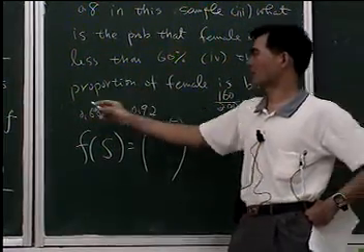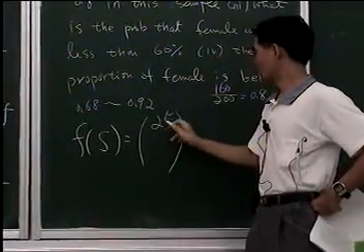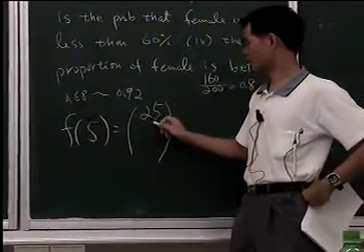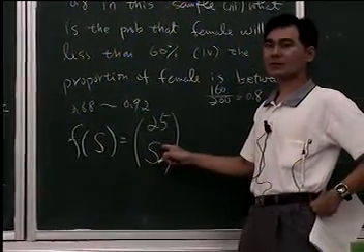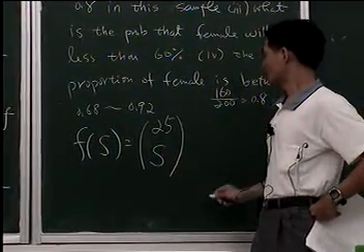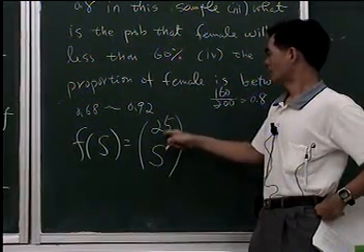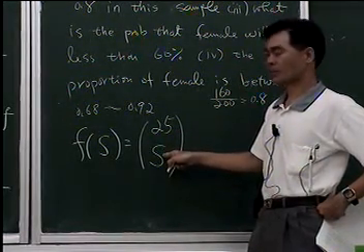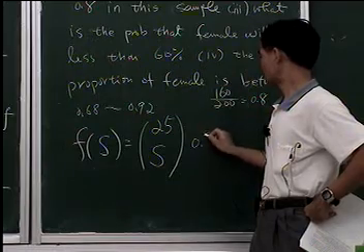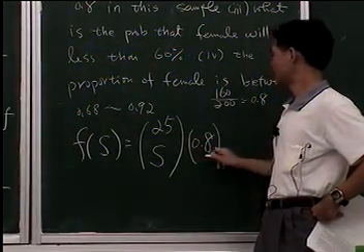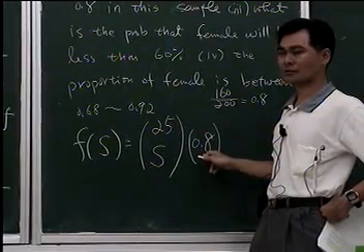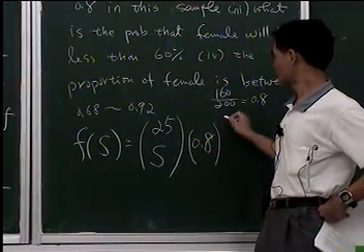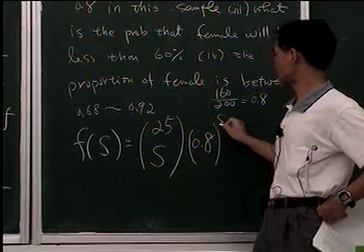So we choose 25 from them, and we are focusing on the number of female, and the number of female is S, right? So among these 25 people, the number of female is S, and this is the probability of the person being chosen is a female, and then this should be to S power.